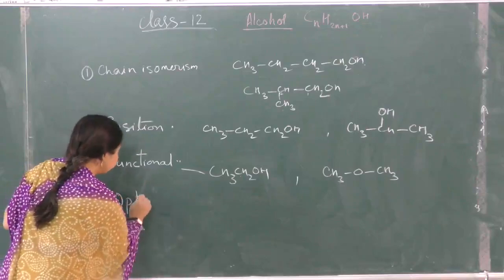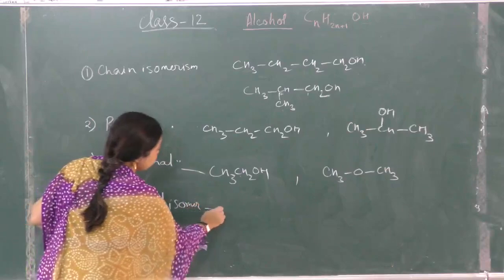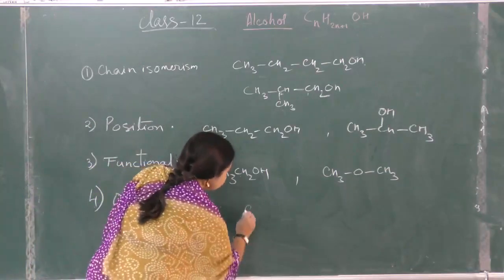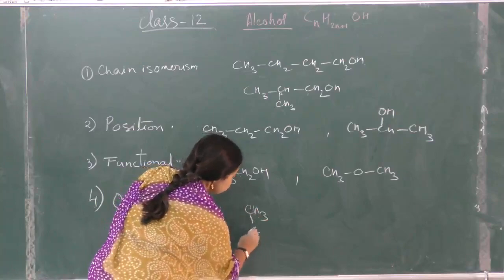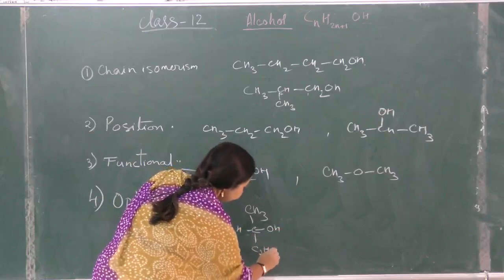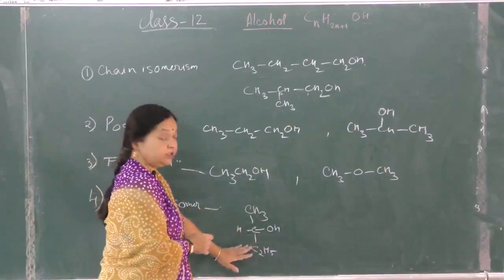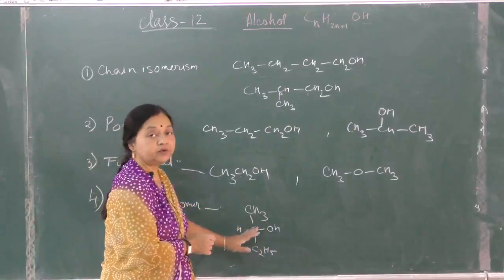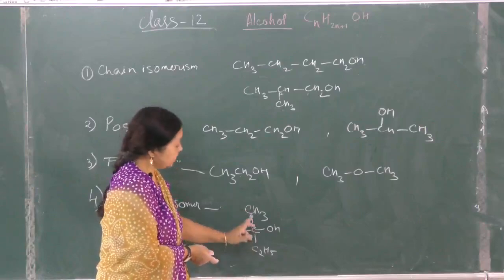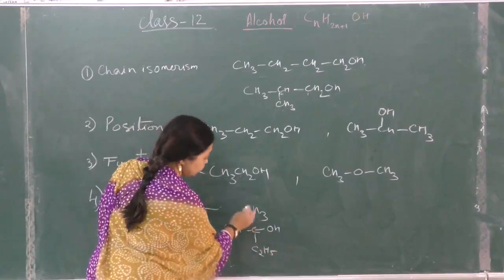Then the fourth, optical isomers. How does optical isomerism arise? You see, CH3CHOHC2H5 is butan-2-ol. Four carbon atoms means butane, and the OH is on position 2, numbering from the side that is closer, C1, C2.